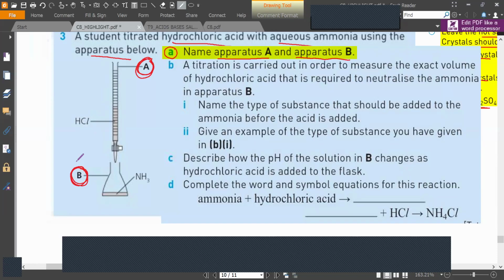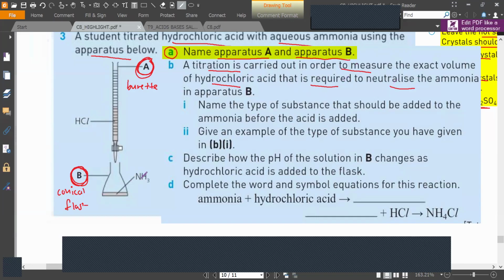Burette. Yes. A is burette. How about B? Conical flask. Yes. Titration is carried out in order to measure the exact volume of hydrochloric acid that is required to neutralize the ammonia.